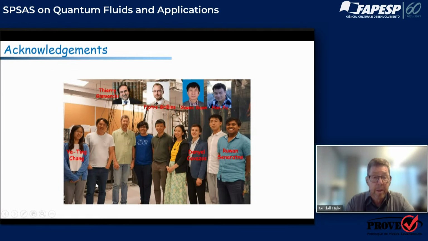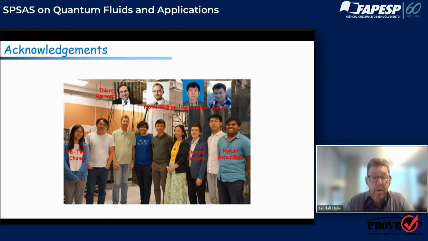All right, so let me acknowledge the people who did this work. The primary people were Ruwan Senaratne and Danielle Cavazos, and now graduated Yating Chang, and also Ernie Yang, who had graduated when this picture was taken.